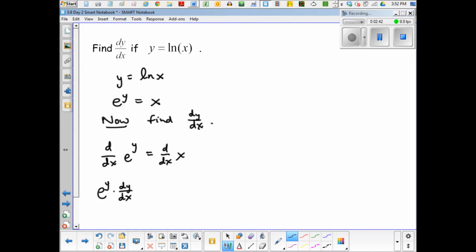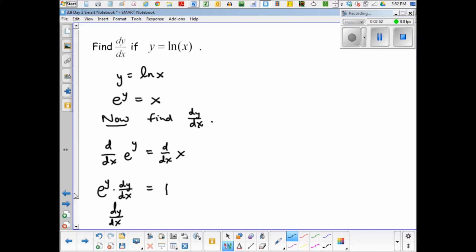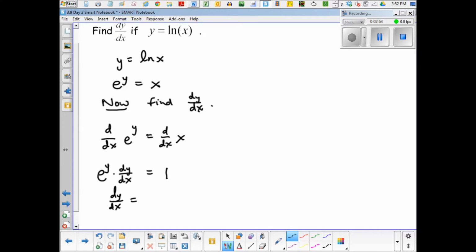Or you can just write y prime. The derivative of x with respect to itself is just 1. So we end up with dy dx equals 1 over e to the y.